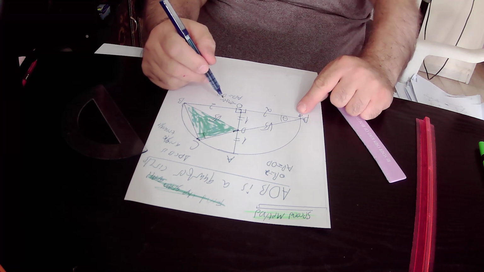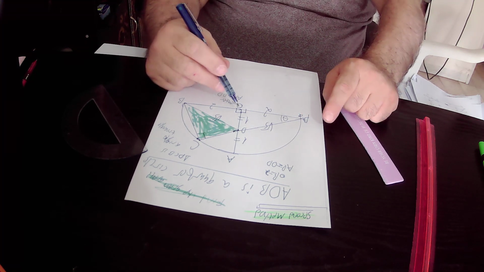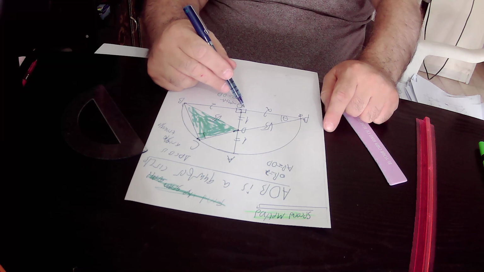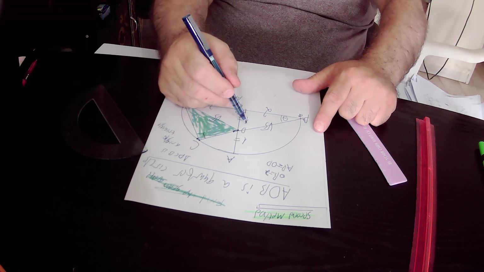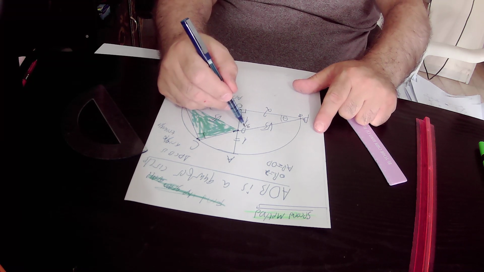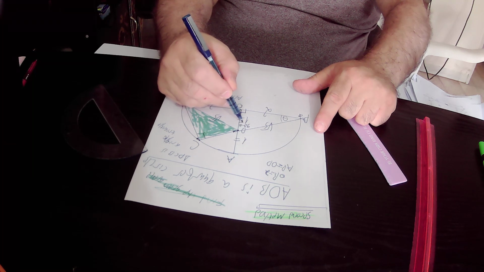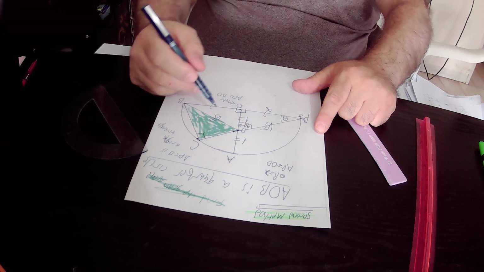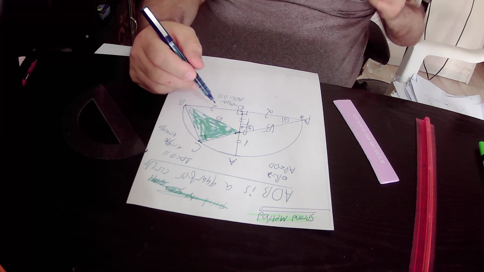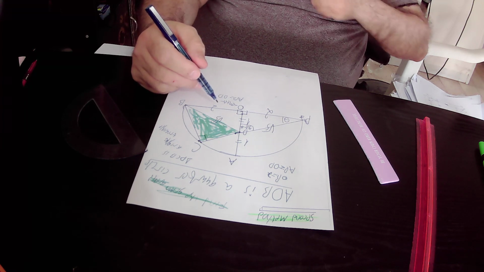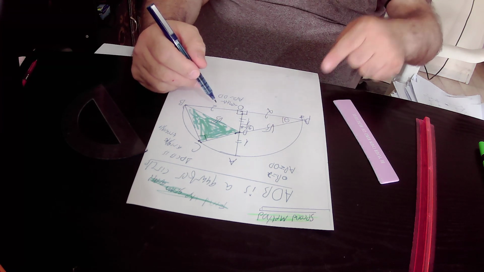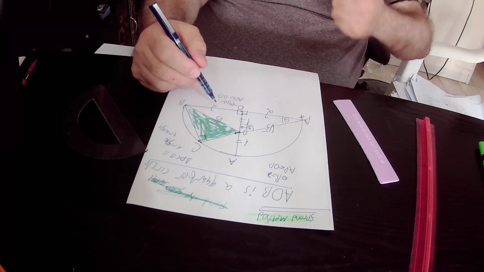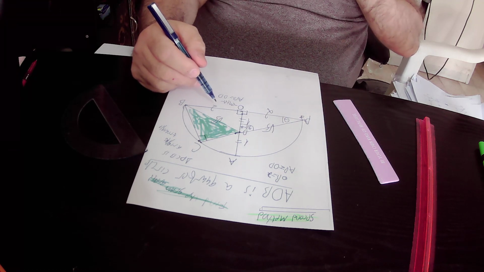We will focus on the right triangle DPO. Angle DPO equals theta. Angle DOP equals 90 degrees. So the third angle must be equal to 90 degrees minus theta, in order to complete the sum of the angles in this right triangle to 180 degrees. Why? Because 90 degrees minus theta plus theta is 90 degrees, and 90 degrees plus 90 degrees is 180 degrees.